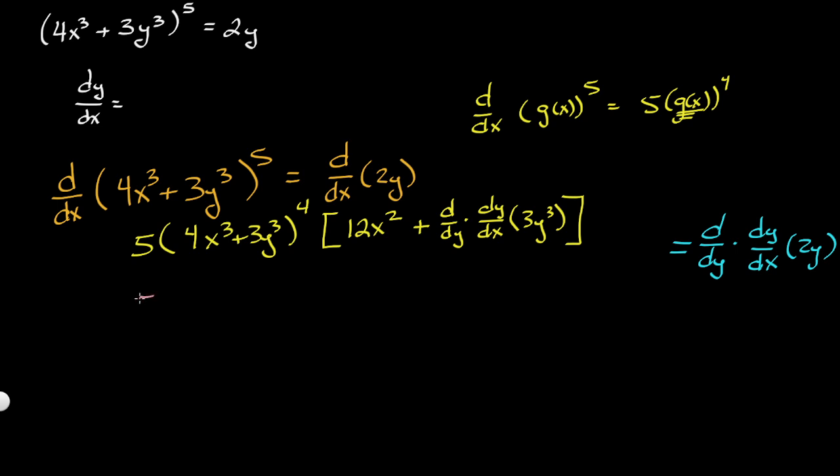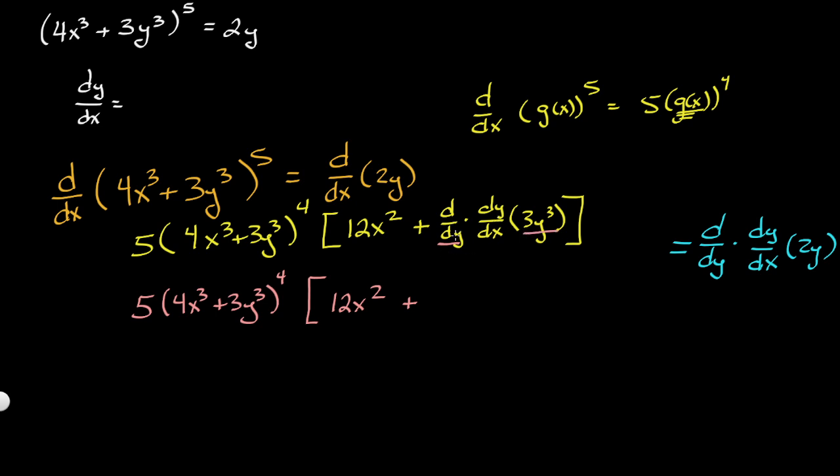So I still have the 5 times the quantity 4x cubed plus 3y cubed raised to the fourth. Inside, in the next part here, I have still the 12x squared, and I'm going to do the derivative with respect to y of 3y cubed times dy dx.